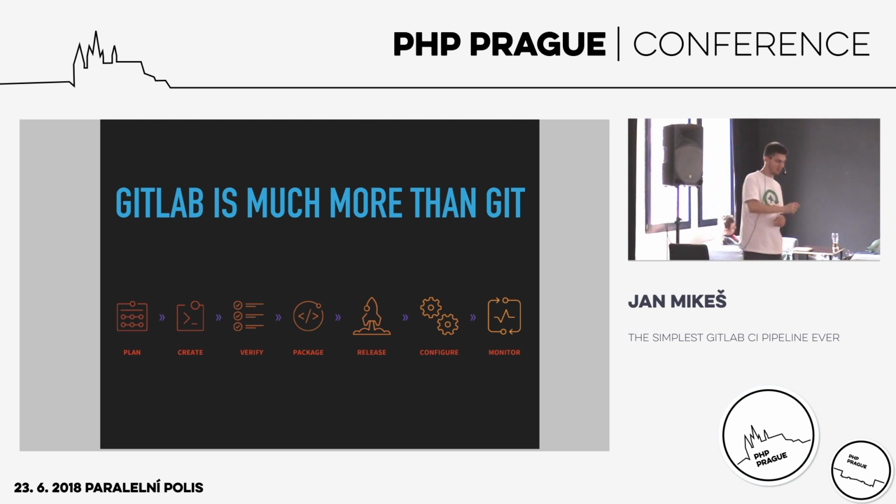We can talk about it later or discuss, but I would just like to point out that GitLab has ambitions to be number one all-in-one platform for DevOps and development, and as I mentioned, not only storage for your Git repositories.